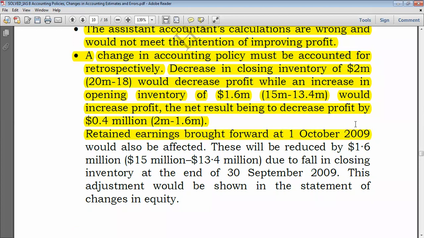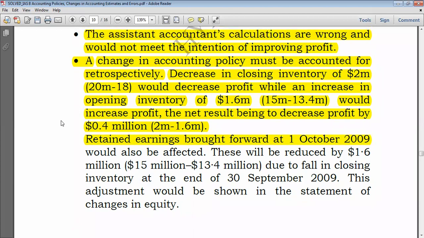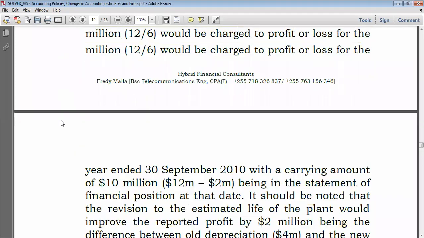So that inventory, initially inventory was how much? Inventory was 13.4 under FIFO, but under AVCO it changed. Let's go back to check the question so that we finish the explanations here.